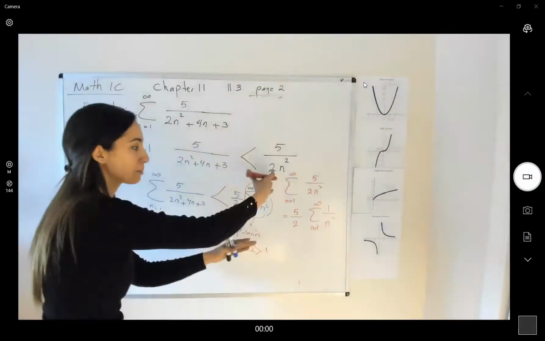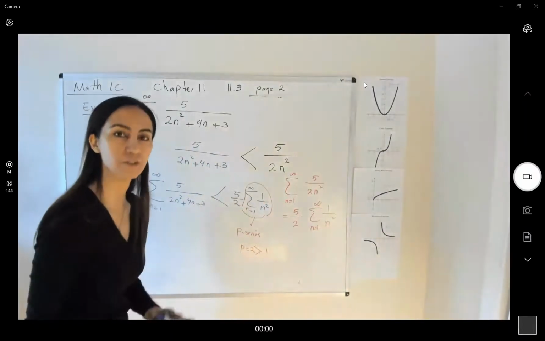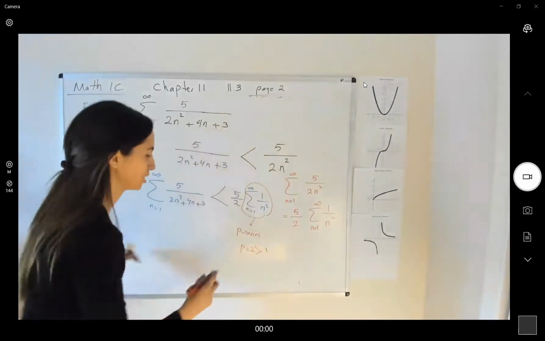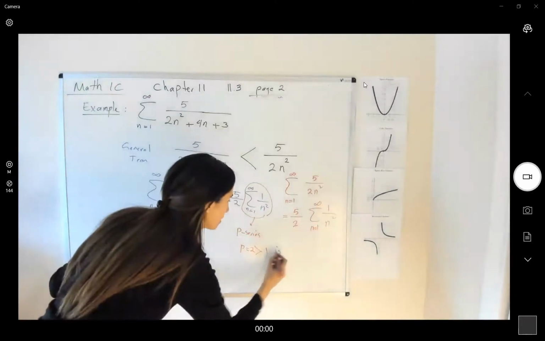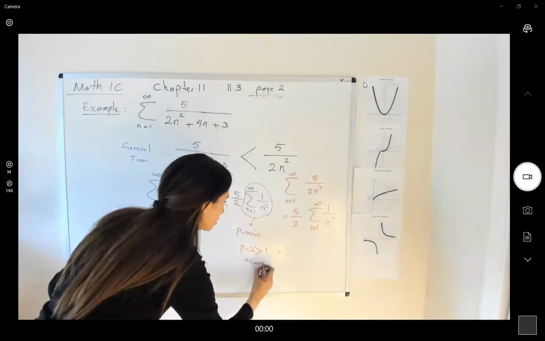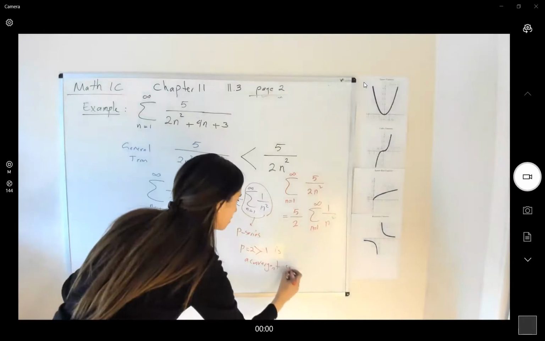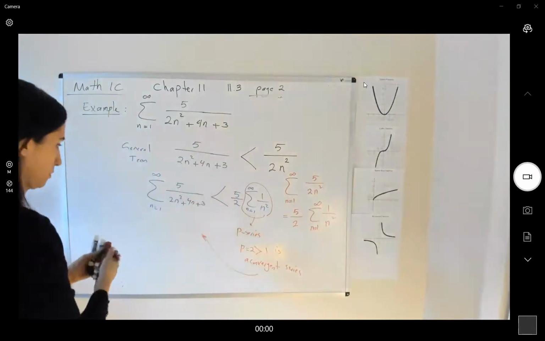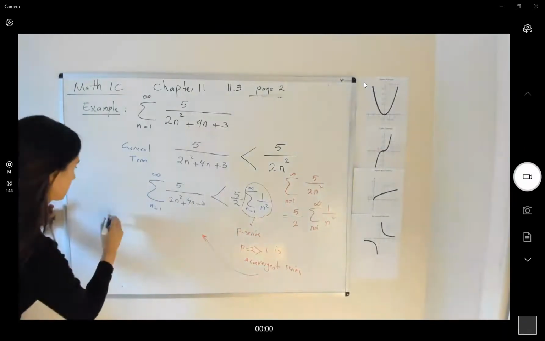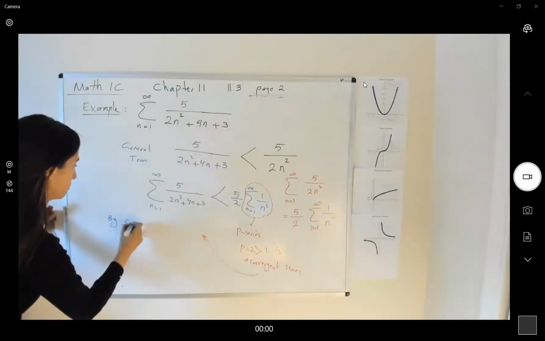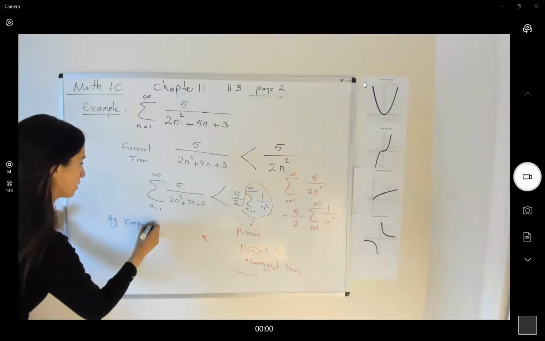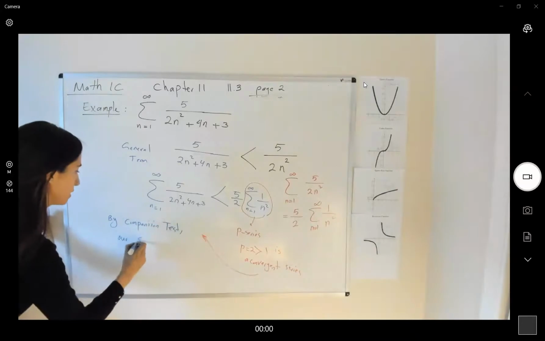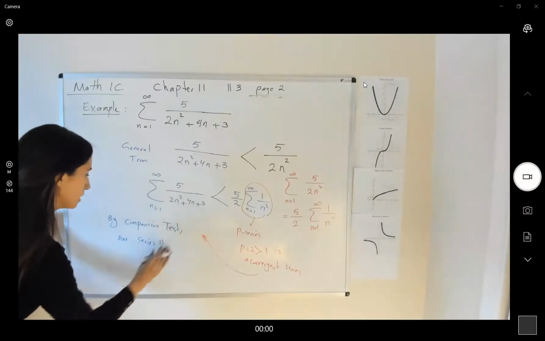So since the bigger series is a convergent series, your smaller series is also convergent. So by comparison test, our series is convergent.